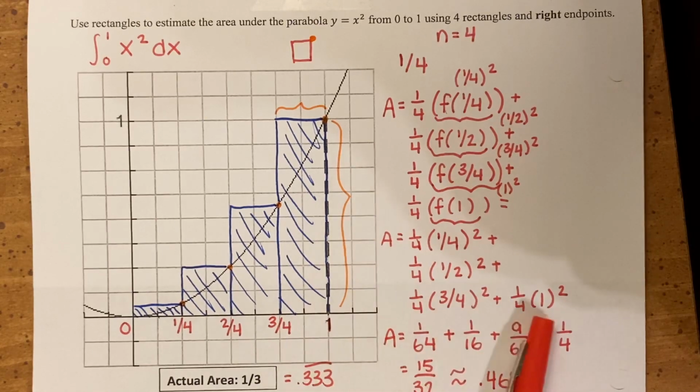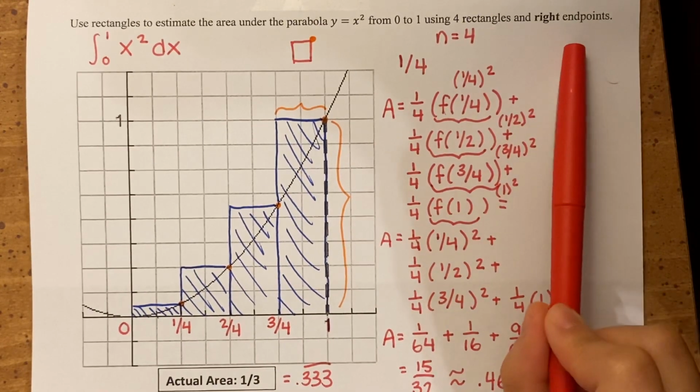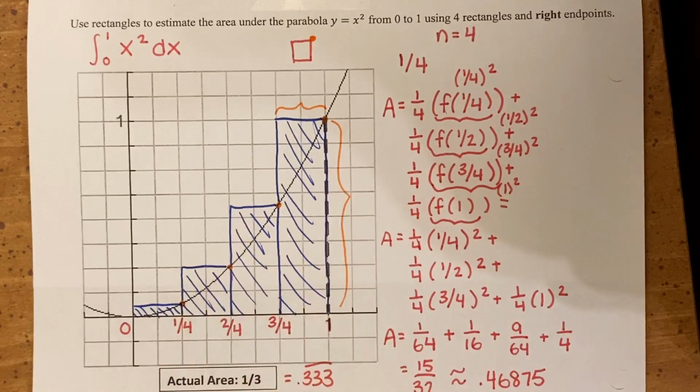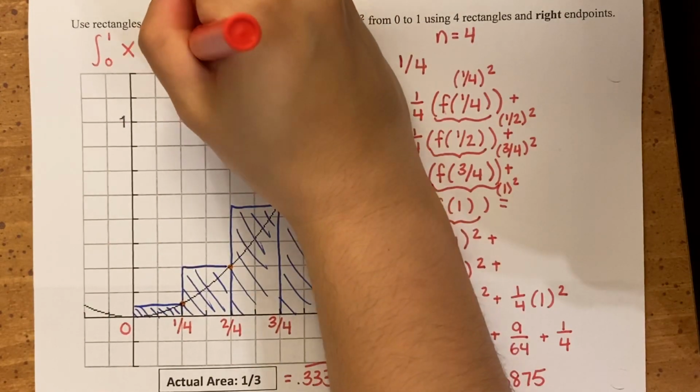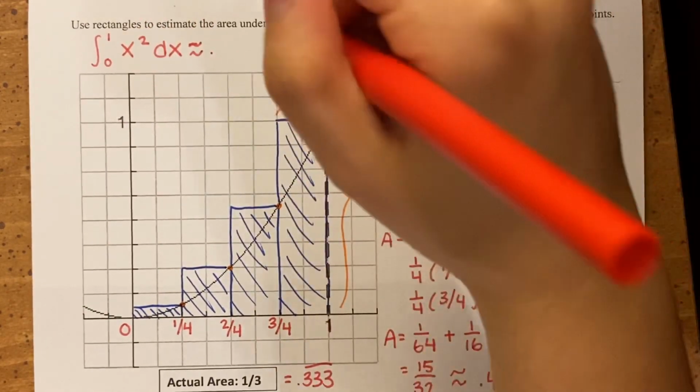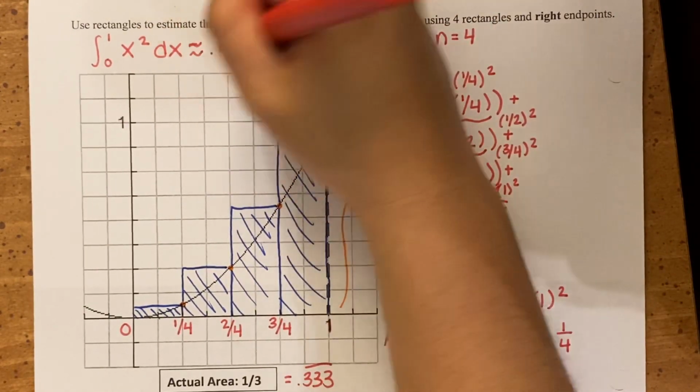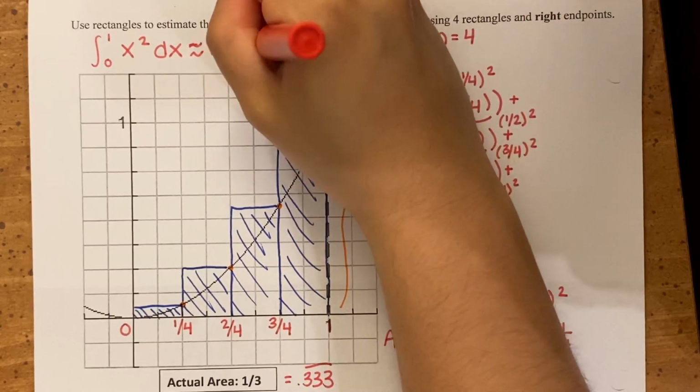Okay, so that's how you use right endpoints to estimate the area under a curve using 4 rectangles. And that estimates what this integral is: 0.46875.